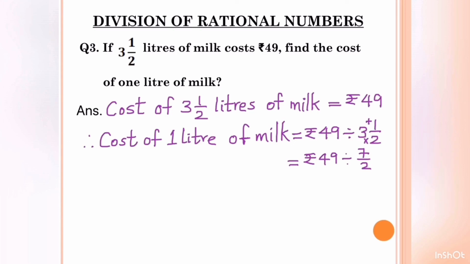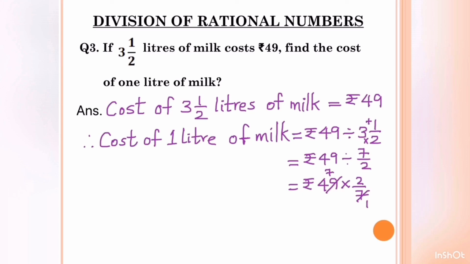This expression is equal to rupees 49 multiplied by reciprocal of 7 by 2 is 2 by 7. Let's cancel the common factors. 49 and 7 have 7 as common factor. 7 times 7 is 49. 7 times 1 is 7.